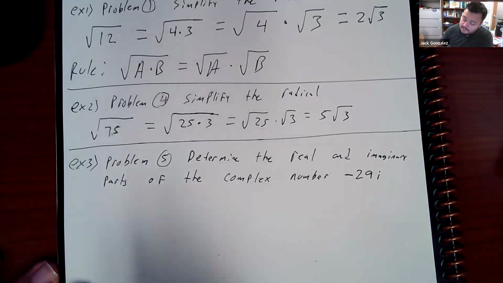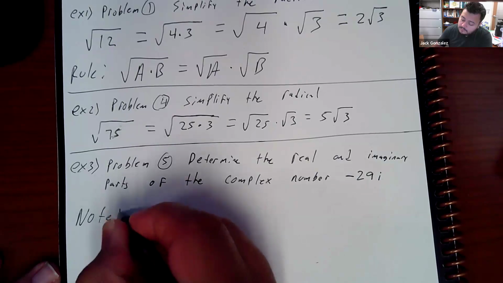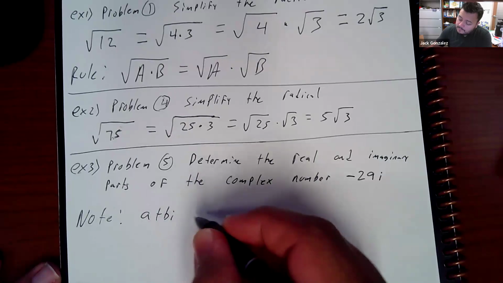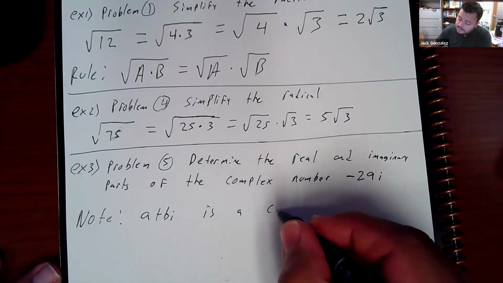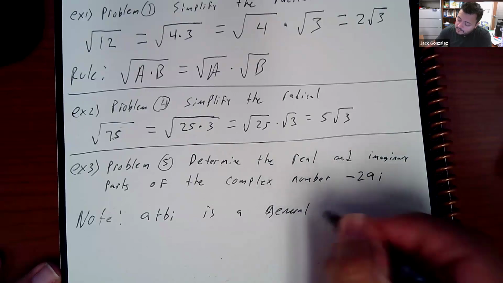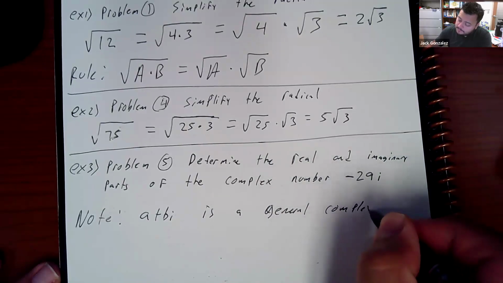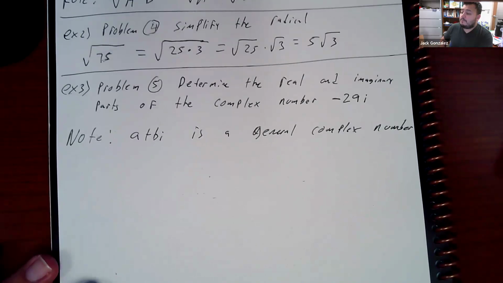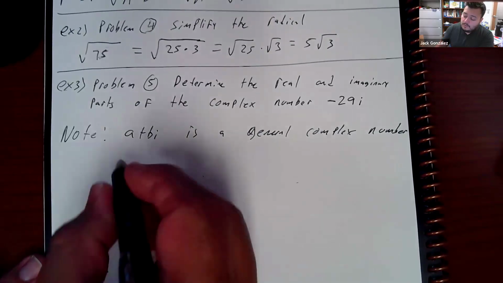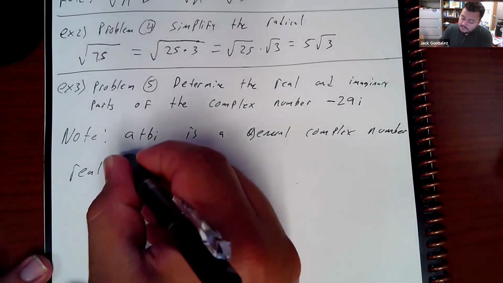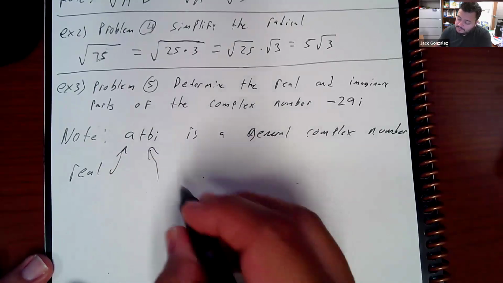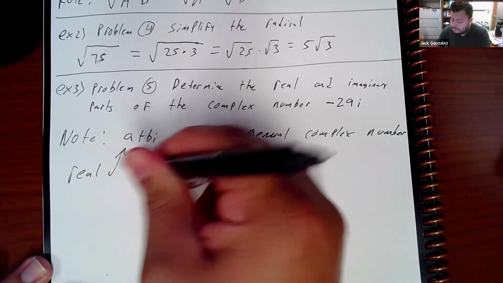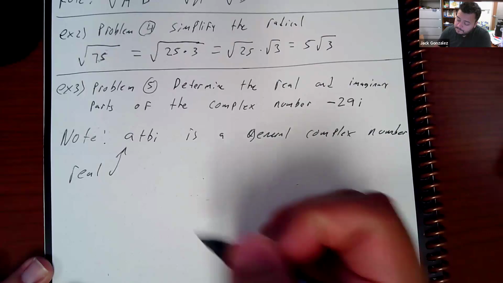In case you did not see the video, please note that a + bi is a general complex number, where a and b are real numbers. The real piece is this piece. This piece is the complex or imaginary.